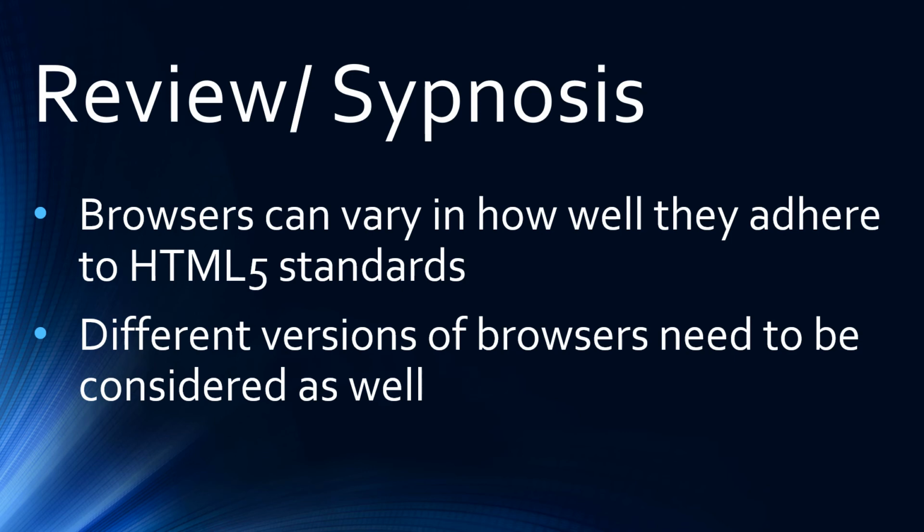So the best thing that you can do is write your code and then open it up in Safari and Firefox and Chrome, as many different browsers as you can. Not only will it make your site better, but it will be a little bit interesting for you as you can look at the different ways that HTML5 is supported.